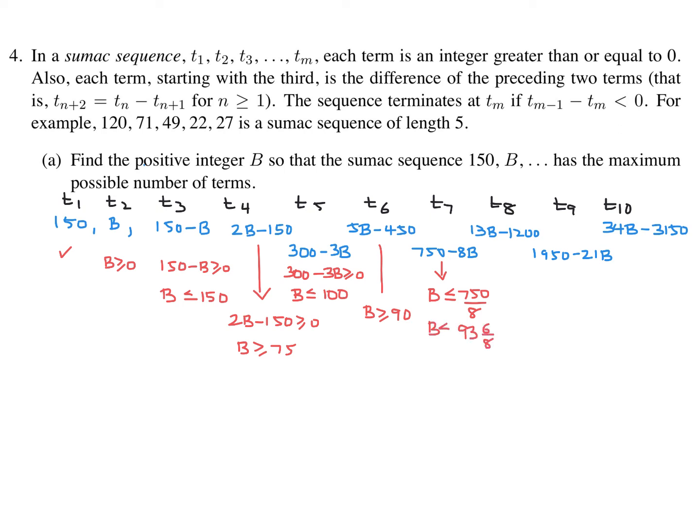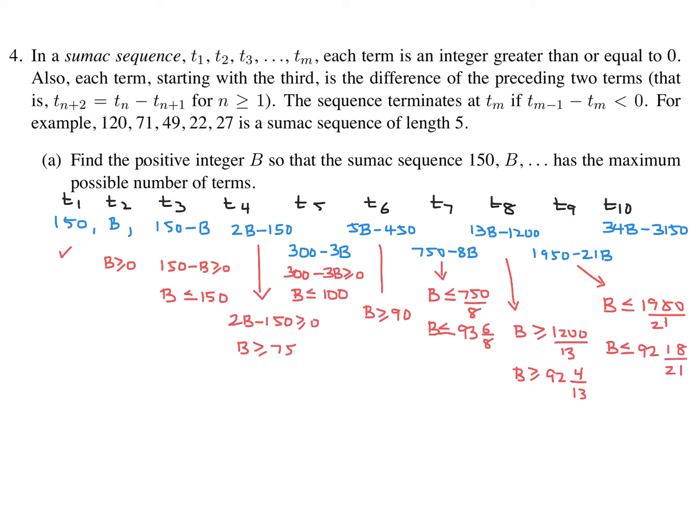For T8, B has to be greater than or equal to 1200 over 13, which in mixed fractions is 92 and 4 over 13. And then I'll just do one more. T9 gives me that B is less than or equal to 1950 over 21, which in mixed fractions is 92 and 18 over 21.